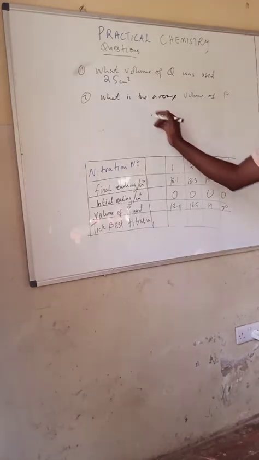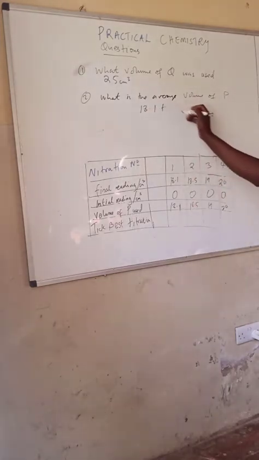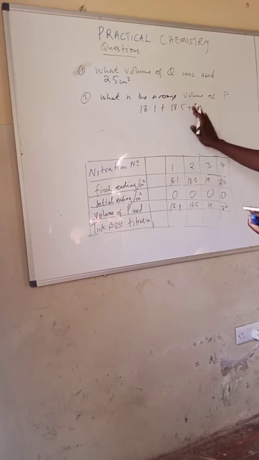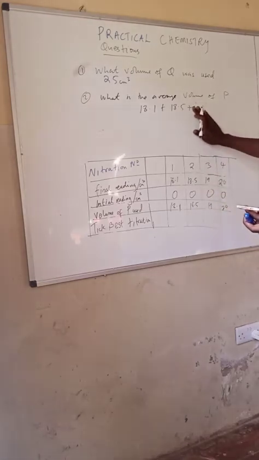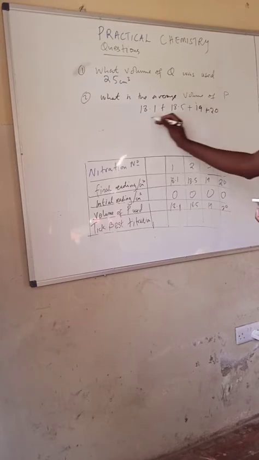So the average volume will be 18.1 plus 18.5 plus 19 plus 20, divided by the number of them.